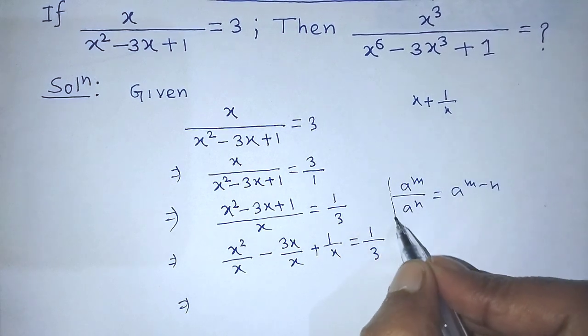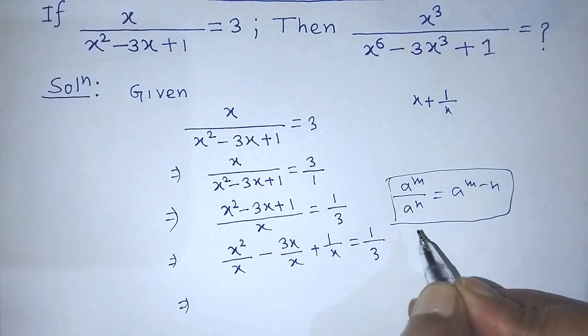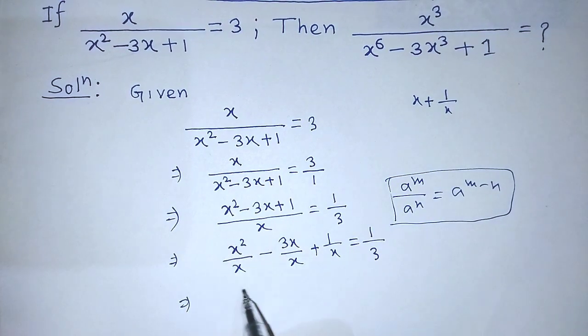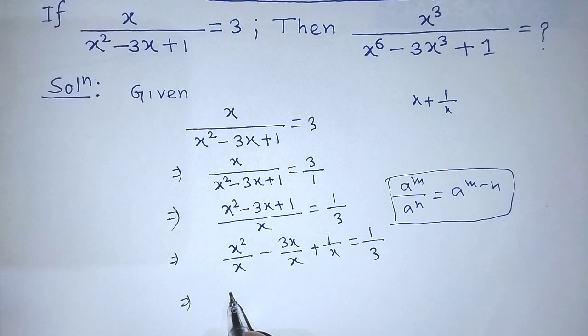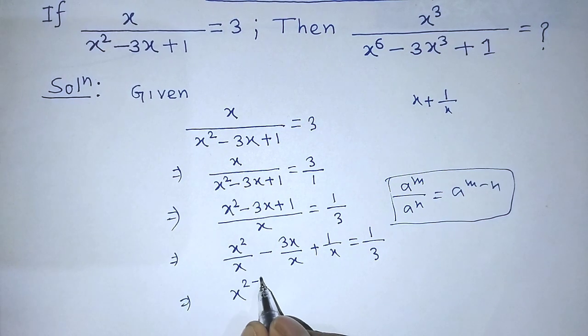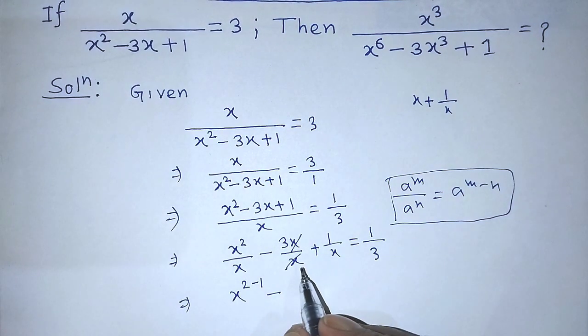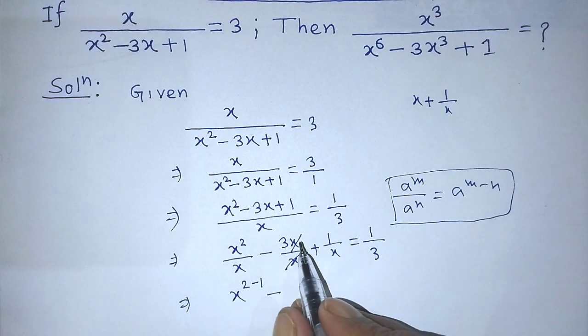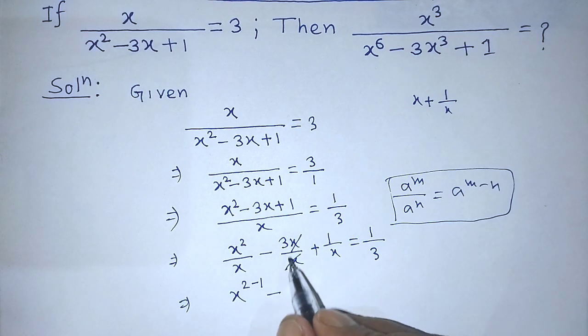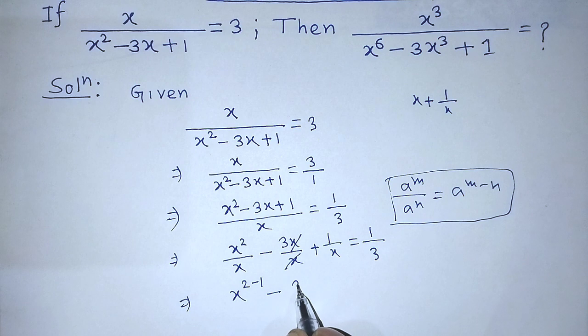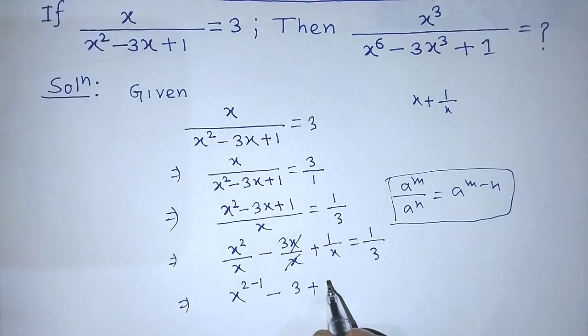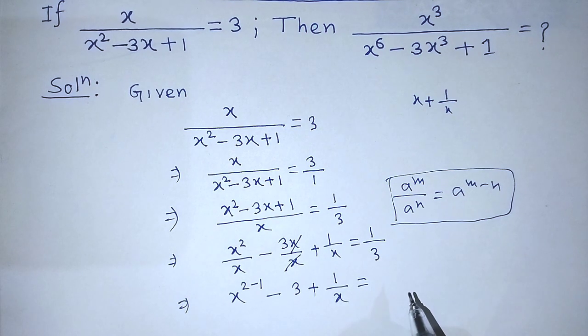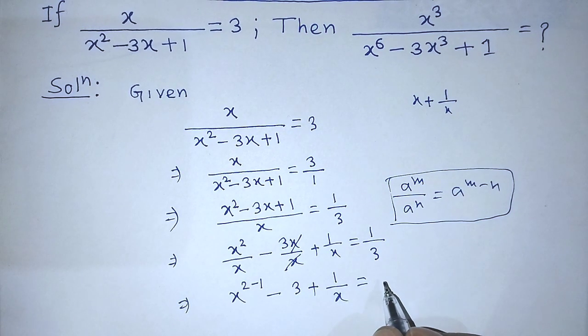So we can write x to the power 2 minus 1, minus, we can cancel x from numerator and denominator in the second term, so 3, plus again 1 over x in the place of the third term, is equal to 1 over 3 on the right hand side.